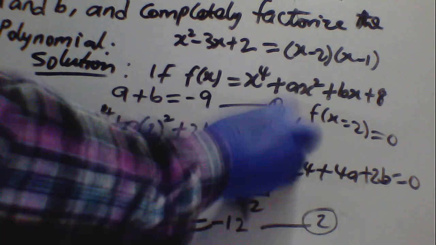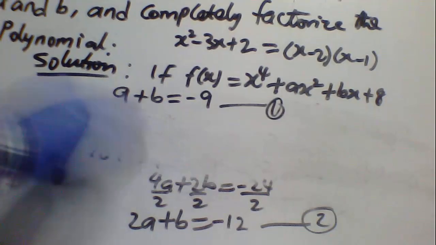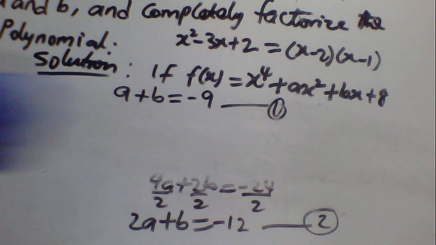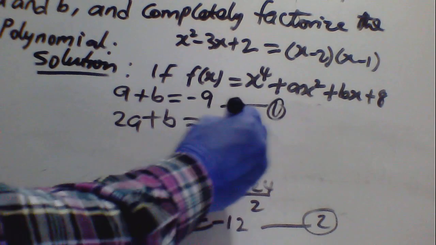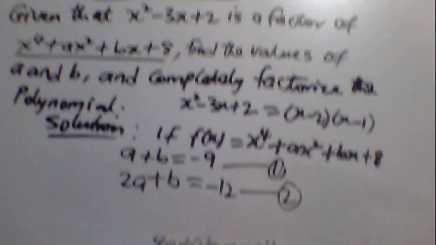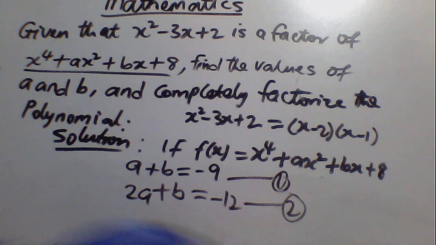I hope you are following. So from here we have 2a plus b is equal to minus 12. This is equation 2. We have gotten equations in a and b.